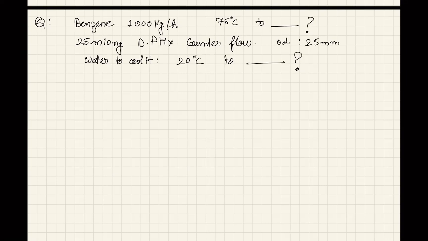So the area for this problem will be pi d naught times L, which is pi into 25 into 10 to the power minus 3 into 25. Can anyone calculate this value for me? 1.963.